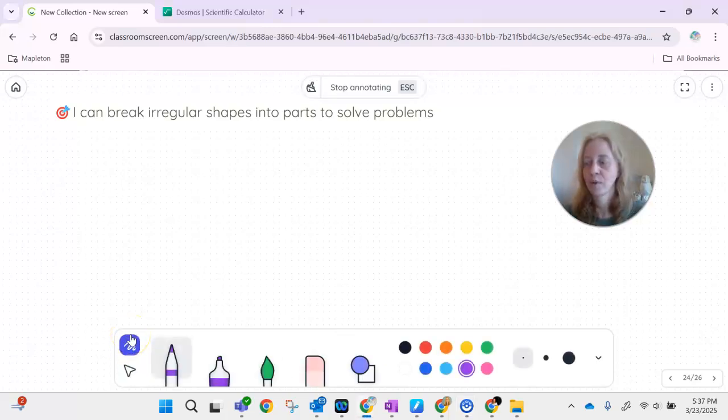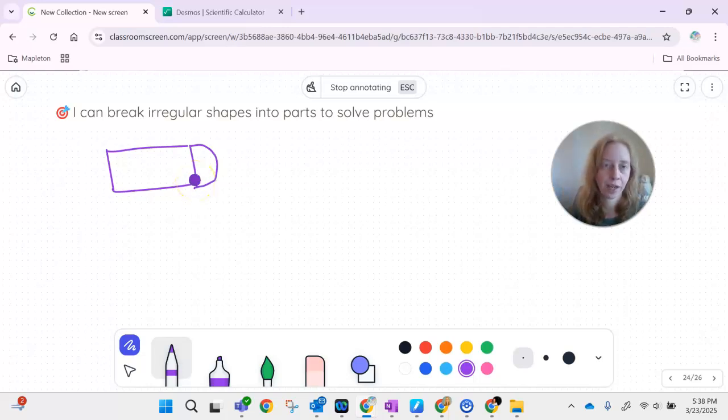The kind of thing that we are doing in this video is we're taking different shapes. This is a rectangle. And what if it had a circle attached to the end, a semicircle, right? So this is half of a circle. What would that be?